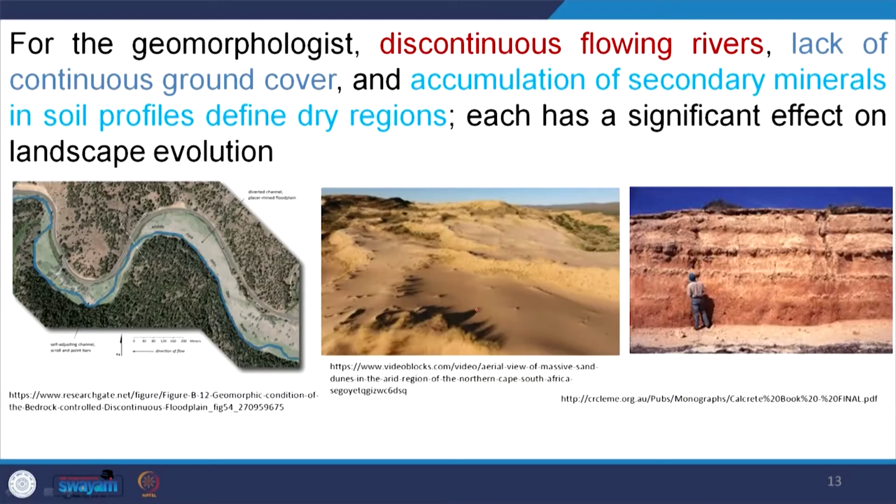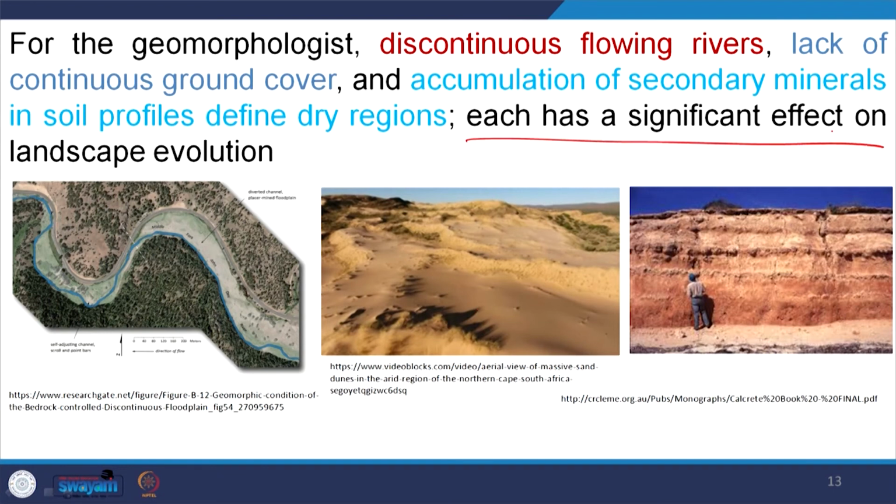So, these are the characteristic features on the basis of which we can distinguish arid climate from subhumid climate. For the geomorphologist, discontinuous flowing rivers, lack of continuous ground cover, and accumulation of secondary minerals in the soil profile define a dry region. Each has a significant effect on landscape evolution.